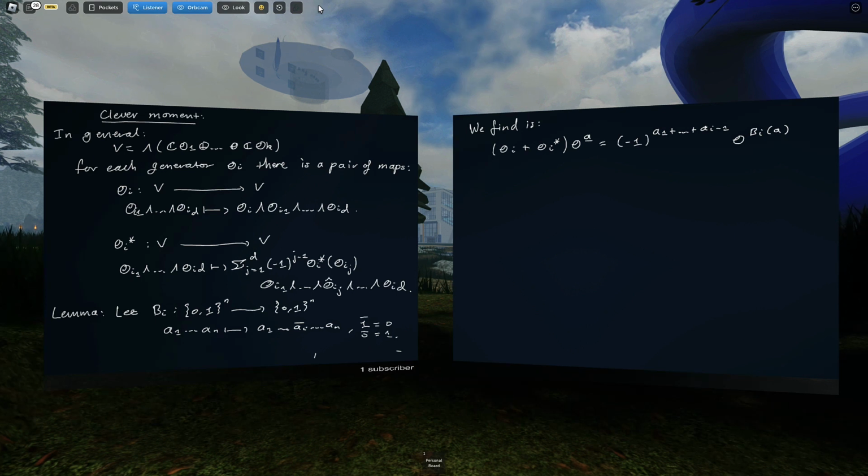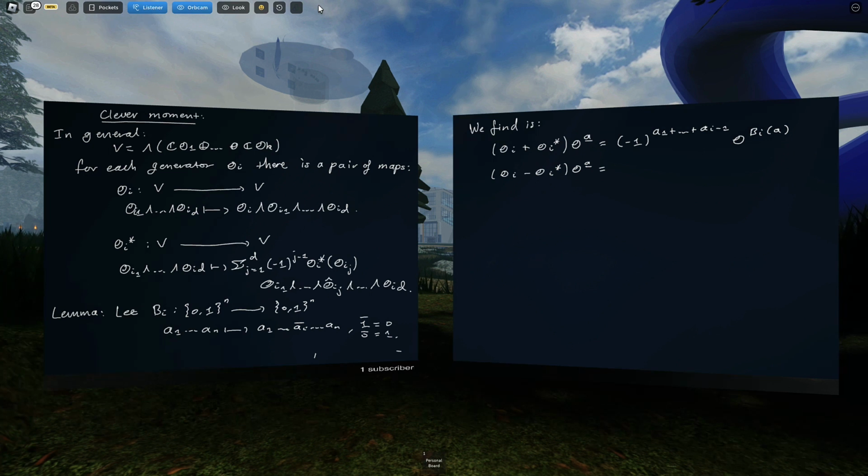So there's also a sign, but we can work with those signs as well. The main point is the bit flip here. So we also have another operator, theta i minus theta i star, and this also performs a bit flip with a different multiplication factor out the front.